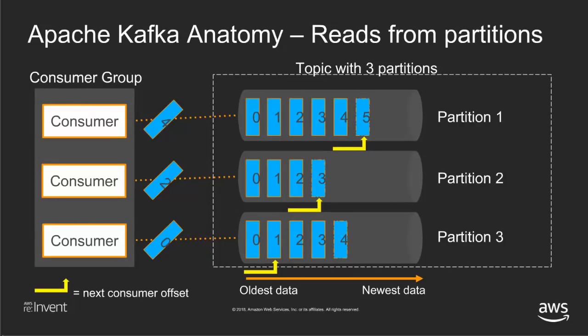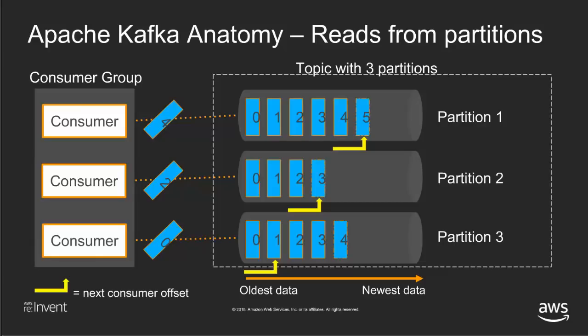On the flip side of the Kafka topic and these partitions, you have consumers that are reading data in the same order the data was generated, going from oldest to newest. And most commonly, the consumers are reading the most recently generated record. As you can see in the case of partition 1, the consumer is effectively caught up.